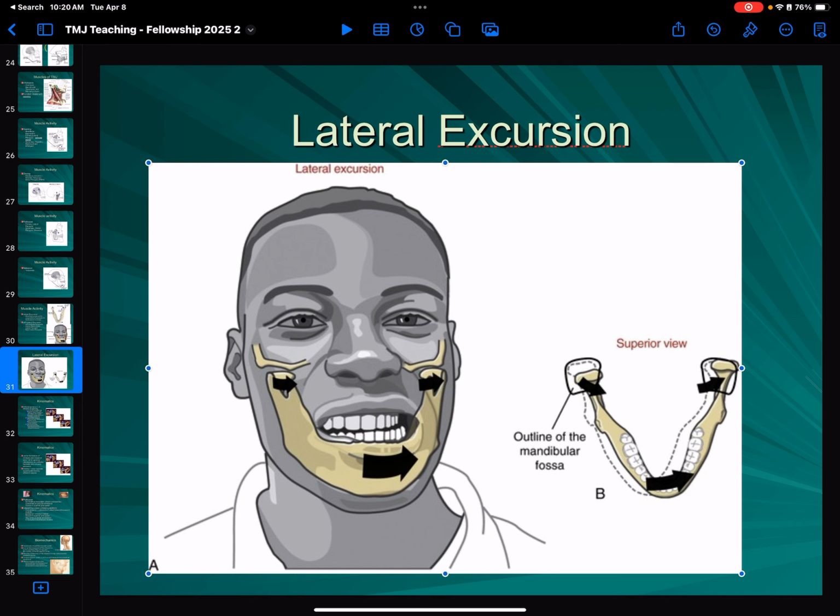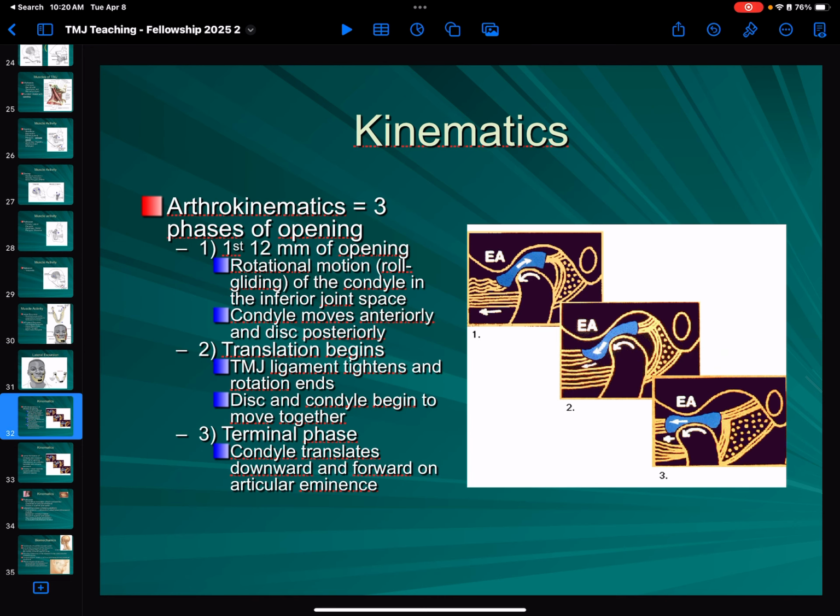That rotation happens in the inferior joint space, with the disc sitting in between. So the first stage is rotation in that inferior joint space, and that's what should happen. With a lot of patients, though, that doesn't happen. What happens first for them is translation, and that translation happens at the superior joint space.